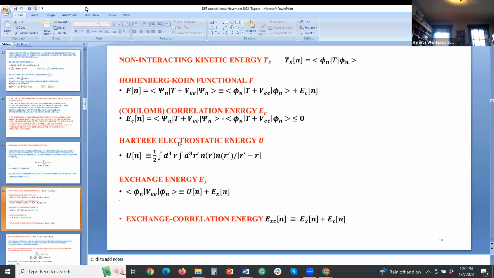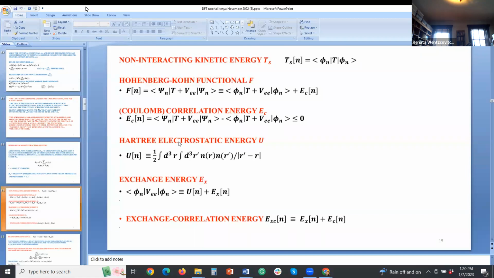The Coulomb correlation energy is just the difference between two expectation values of T plus VEE. The first expectation value is taken using the interacting wave function that yields the ground state density n. And the second term uses the non-interacting ground state wave function that yields the same density n.